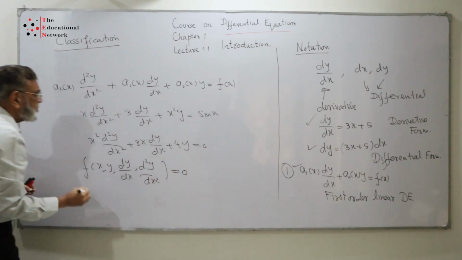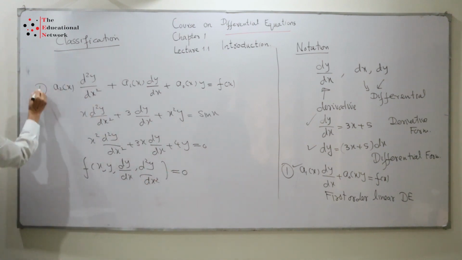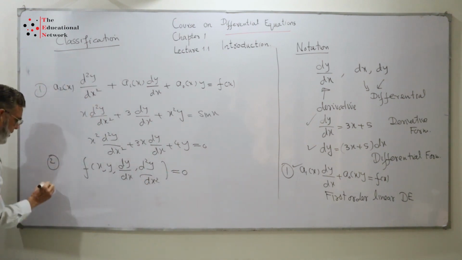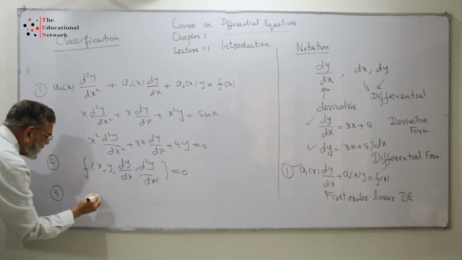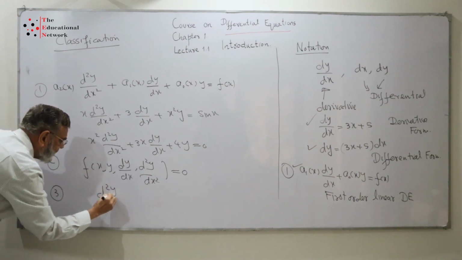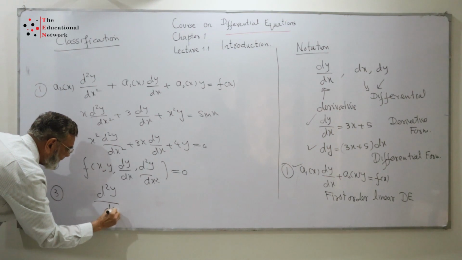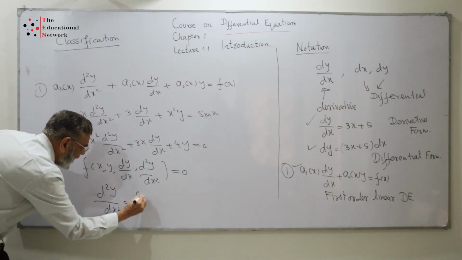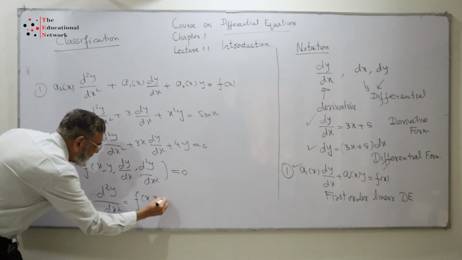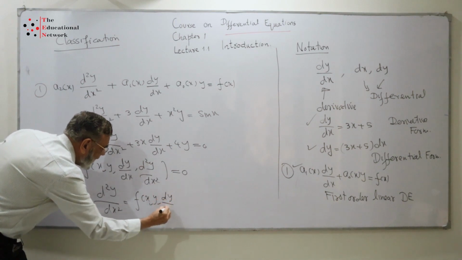So this is my number 1, this is my number 2, and number 3 is d2y by dx square as a function of x, y, and dy by dx.